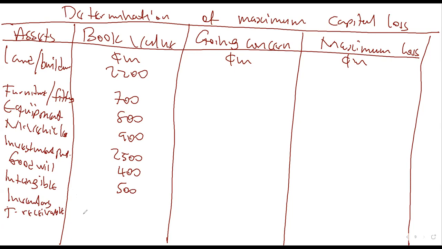Alright, so you list them and then go and pick the going concern figures. You are done. Receivable is 300. Inventory is 700.